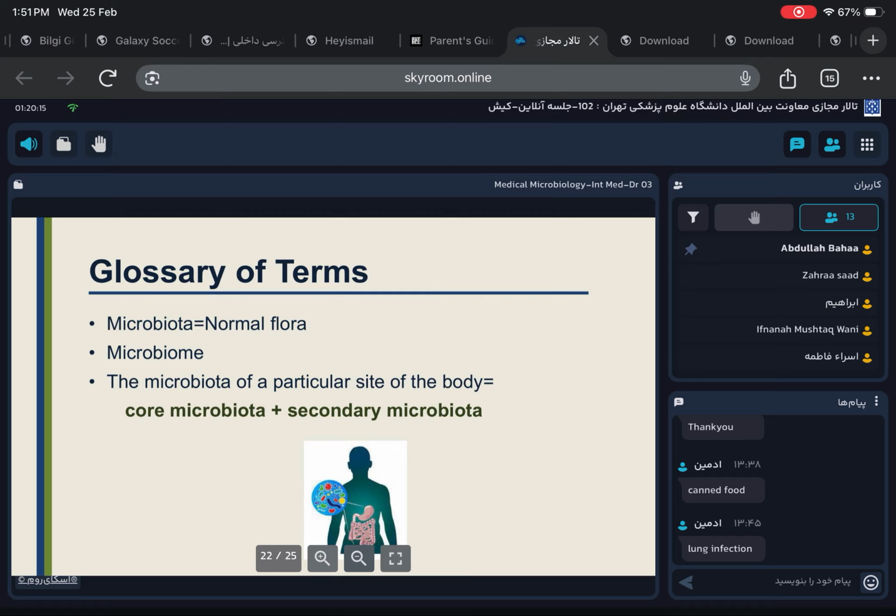When it comes to the number, we have a larger number of microorganisms in core microbiota in comparison to secondary microbiota. But the microorganisms that we have in core microbiota aren't diverse.